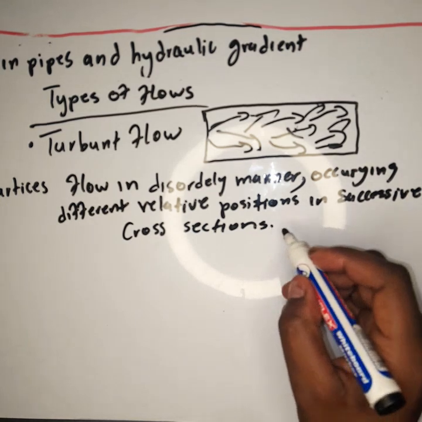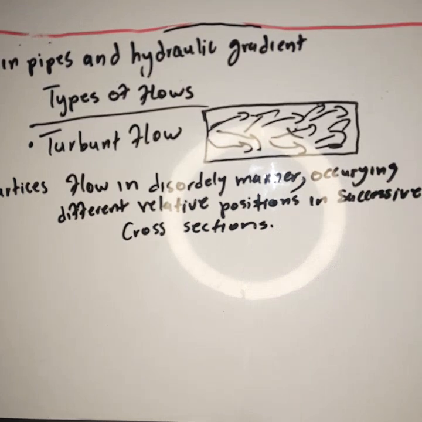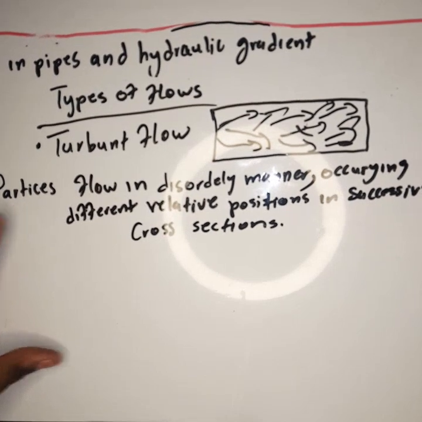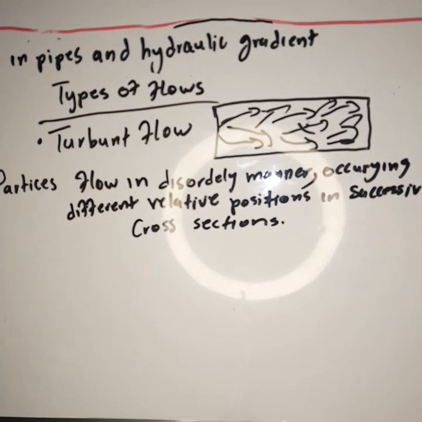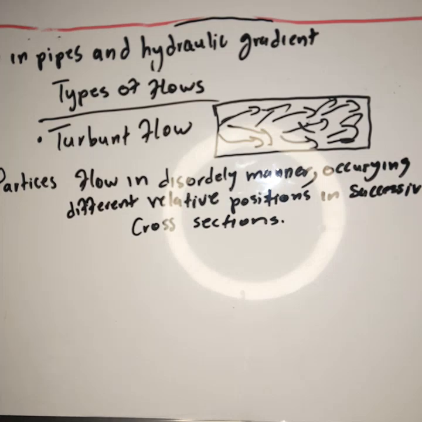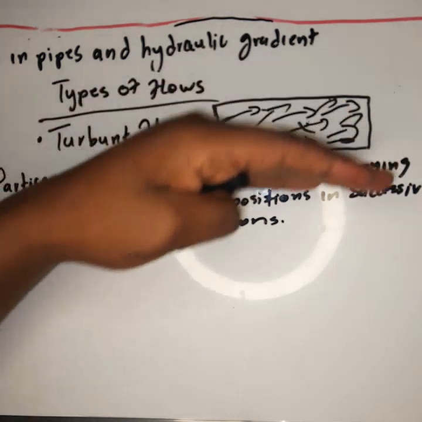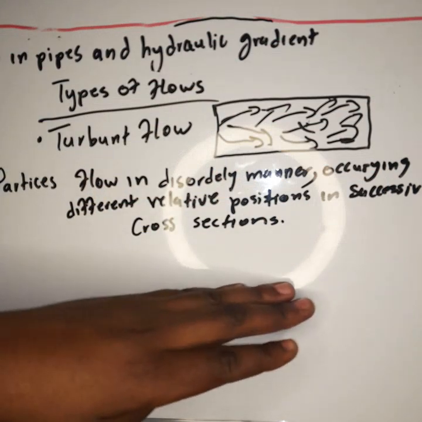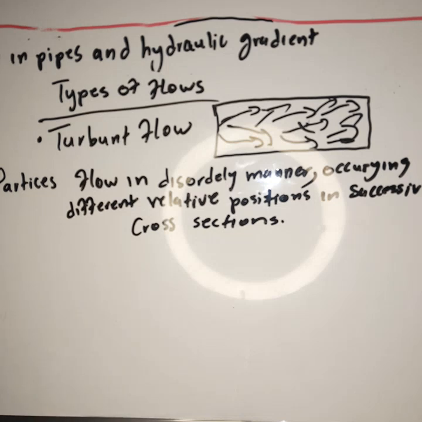You can see the cross sections. So we define turbulent flow as a flow in which particles flow in a disorderly manner and occupy different relative positions in successive cross sections. We call this a turbulent flow.